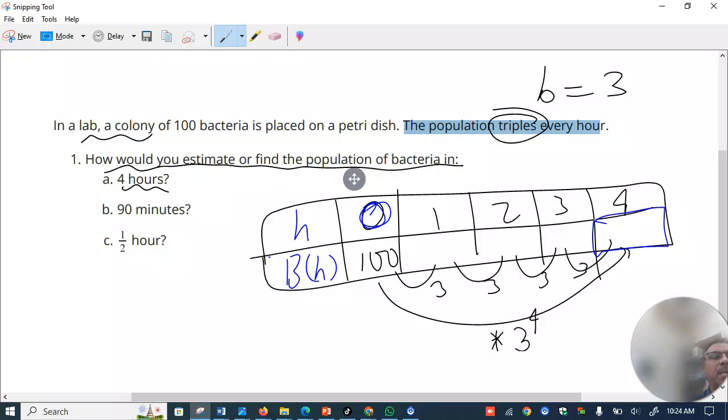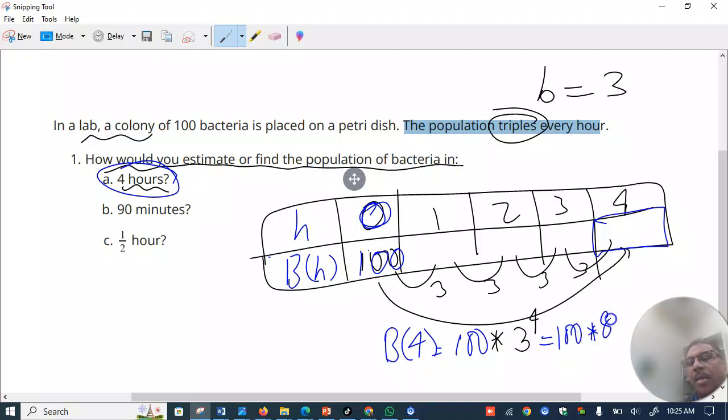They're asking after 4 hours, so that means it is 3 raised to 4. And because in the beginning it was 100, I have to multiply by 100. So this is B of 4. If you work it out on the calculator, you get 81, and that's how you get 8100.